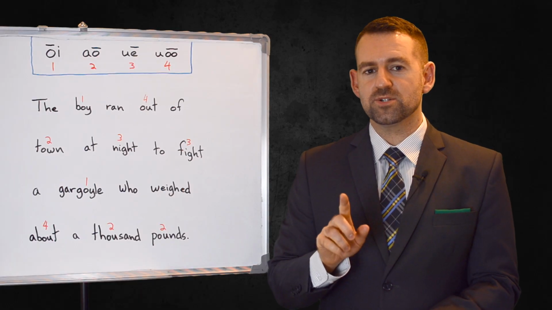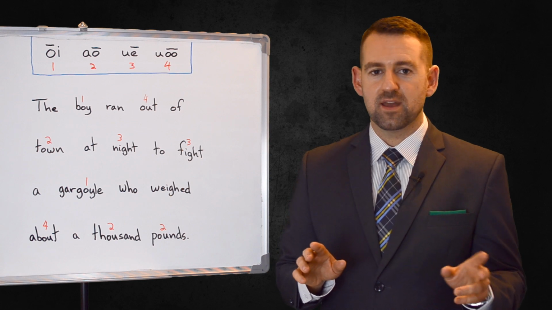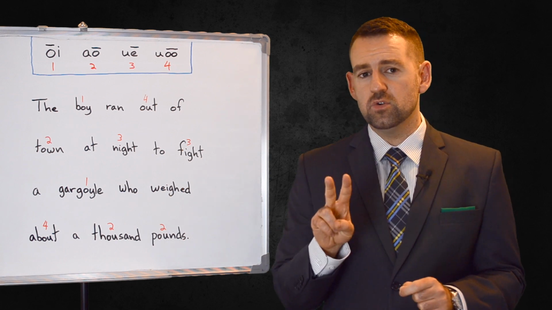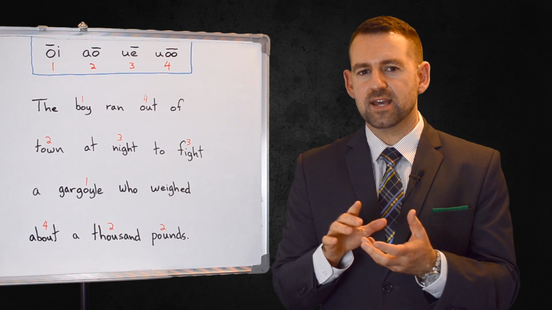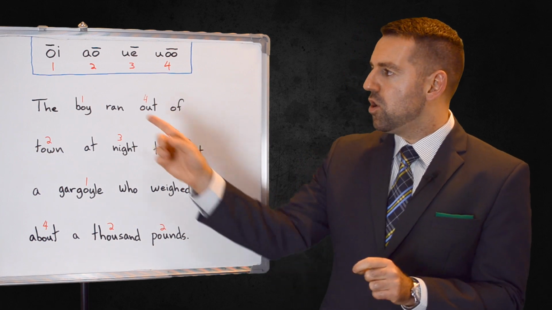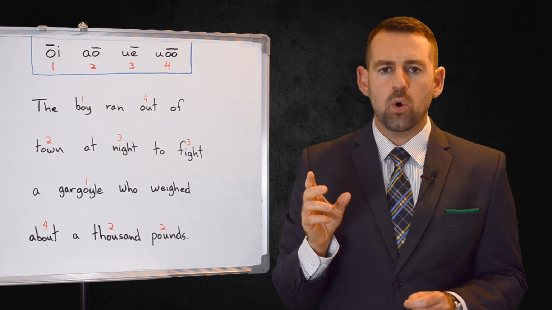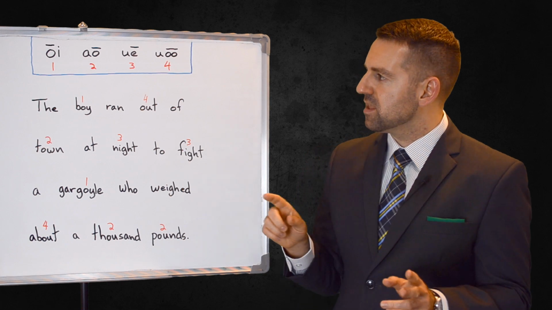All right, there are more special sounds in English besides the schwa sound, and they're called diphthongs. Okay, they're two vowel sounds put together to make one sound. All right, like oi. It's made with a long O and an I: oi.